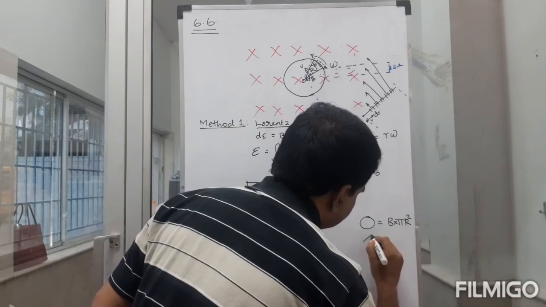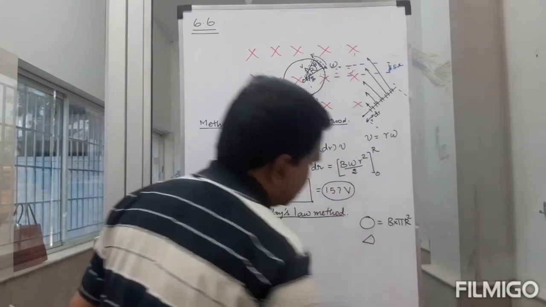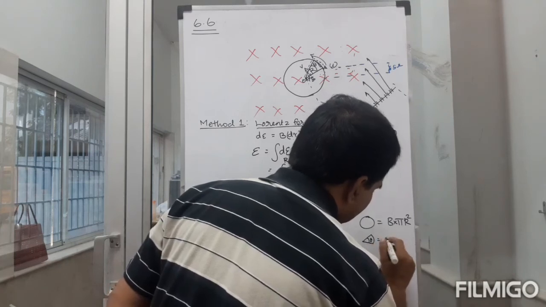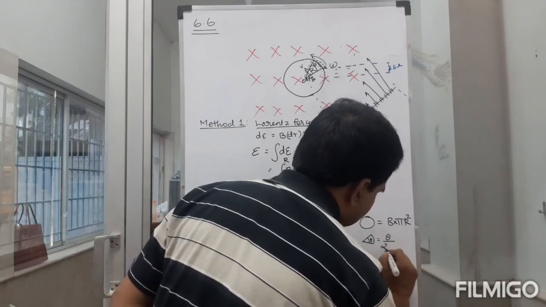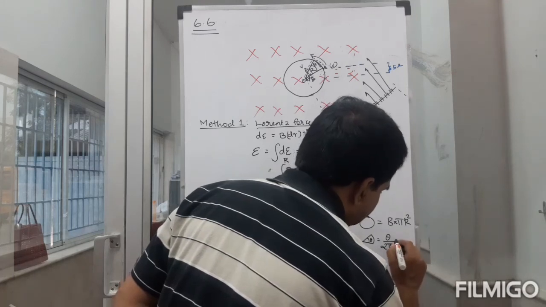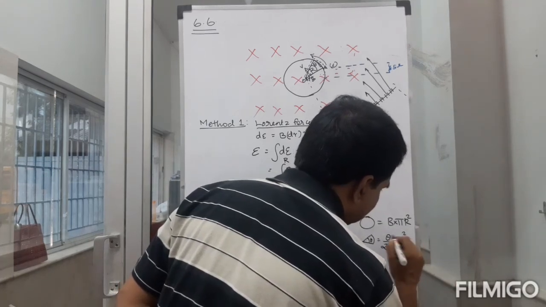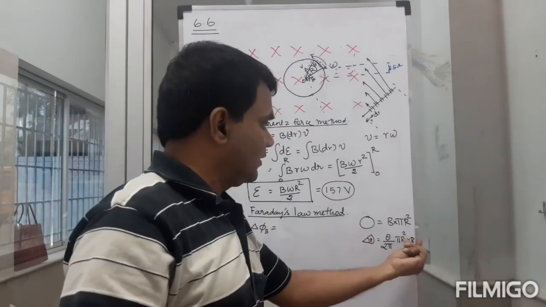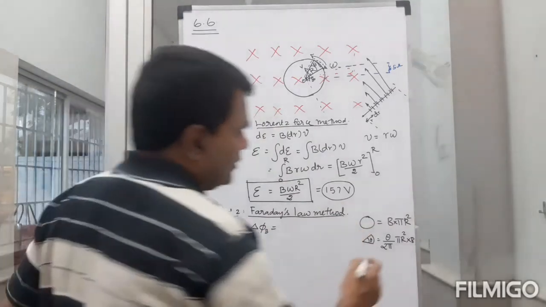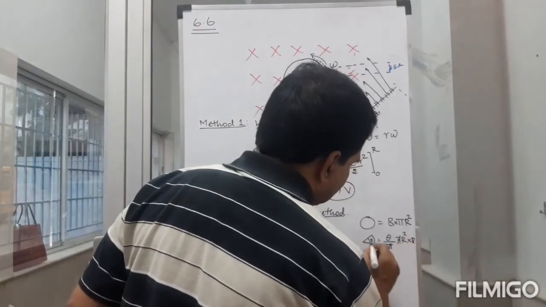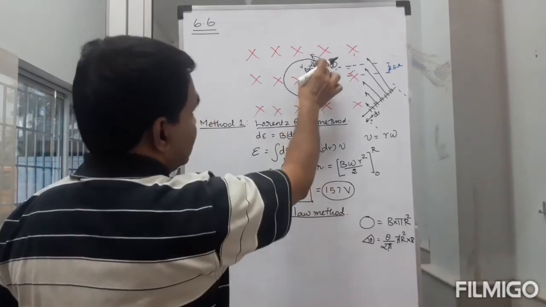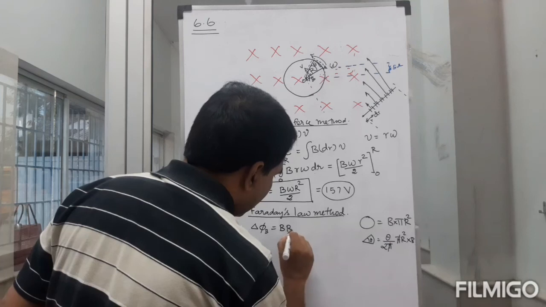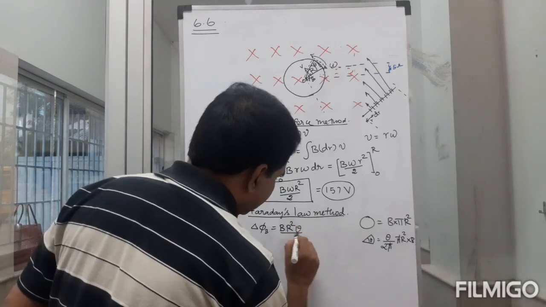This area is equal to theta by 2 pi into pi r squared, multiplied by B, that's the flux now. So pi and pi will cancel. Then the change in flux from here to here is actually B r squared theta by 2.